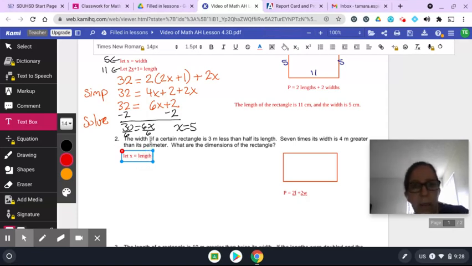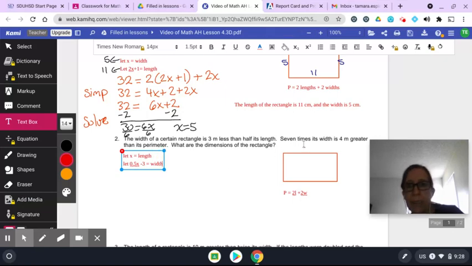Then it says the width is 3 less than half. So 3 less is subtract, then reverse order. Half is multiply the length by half. So half x, I'm just going to put 0.5x. You can put a fraction if you want. 0.5x, half x, just because it's easier to type, less 3, minus 3, is equal to the width.